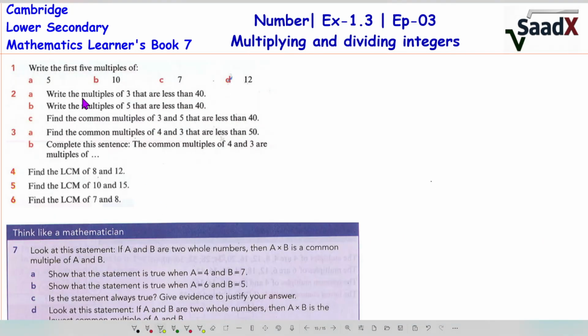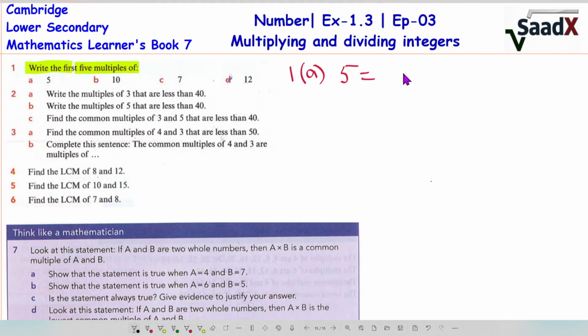Number 1. Write the first 5 multiples of 1a. First 5 multiples of 5.